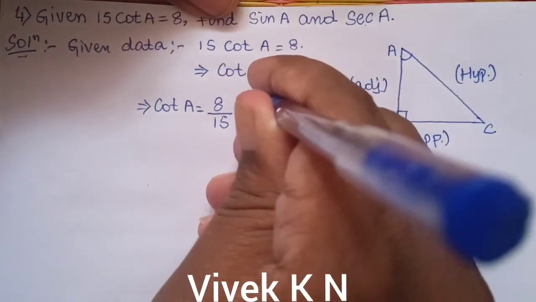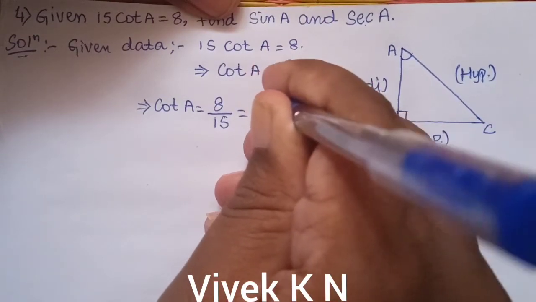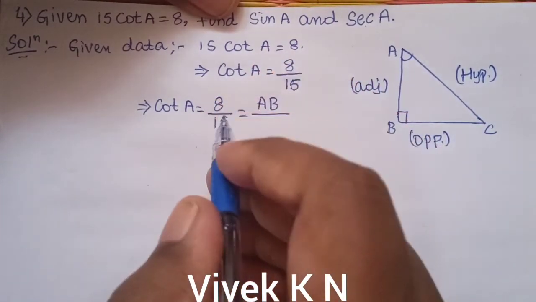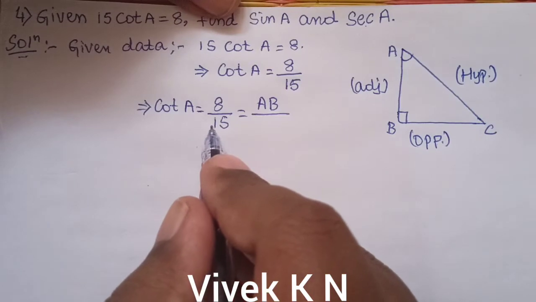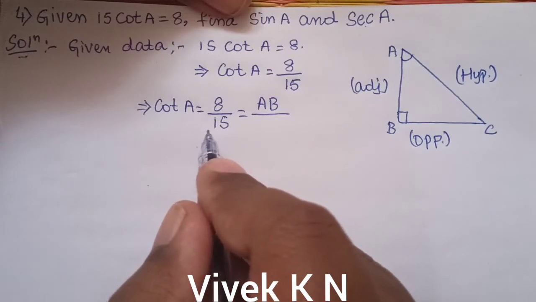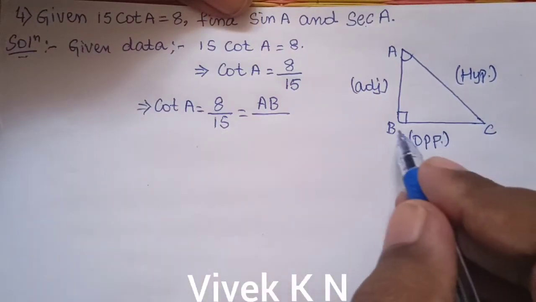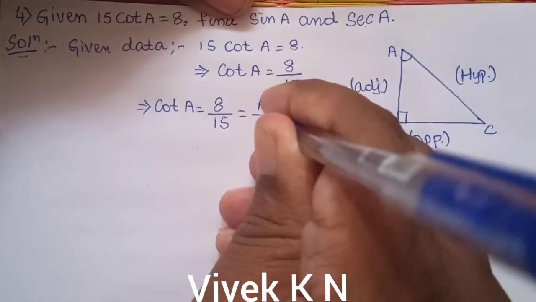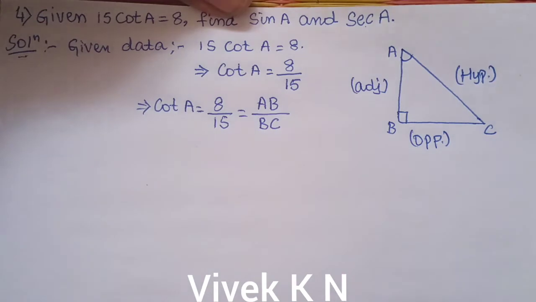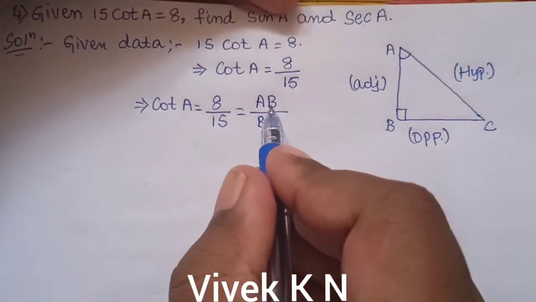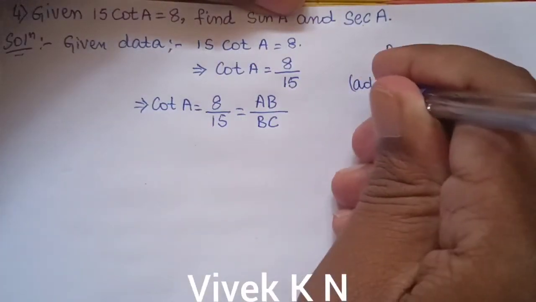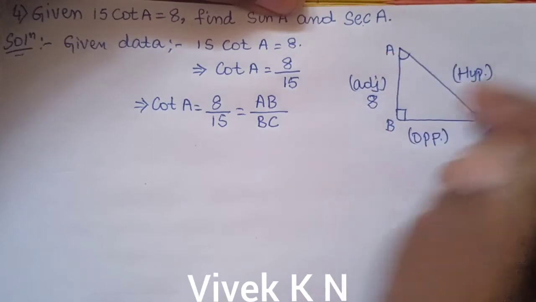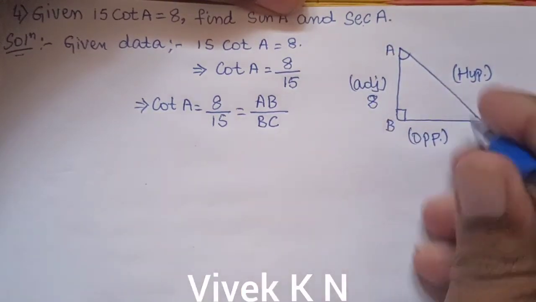So the side AB has 8 centimeter and the opposite side has 15 centimeter. That is, BC is equal to 15 centimeter. So AB is equal to 8 centimeter and BC is 15 centimeter.